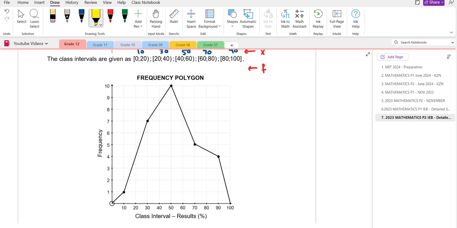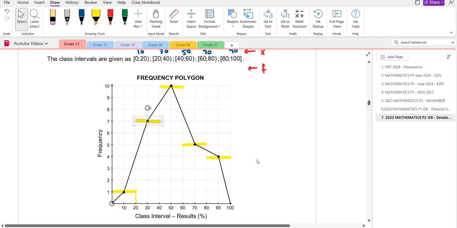You calculate it from a histogram by taking the midpoint of the bars. That was my first histogram there, the next one was here, and the next one was here, and the last one was there. So let me draw this histogram.